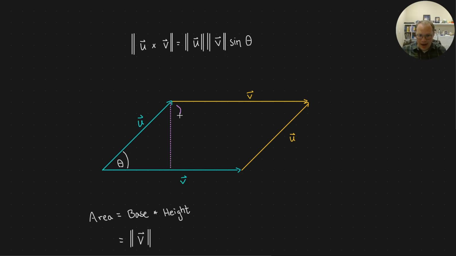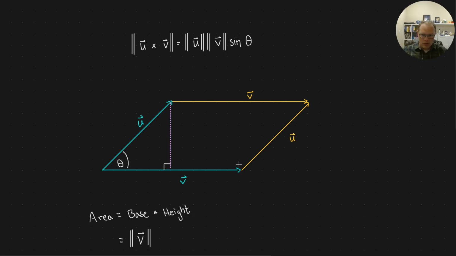I need to know how long is this. Well, we know we want to make a right angle with this base, and so we have a right triangle, and we know the angle between them is theta. This angle here is theta, and so we can use a little trigonometry to find the length of this height.